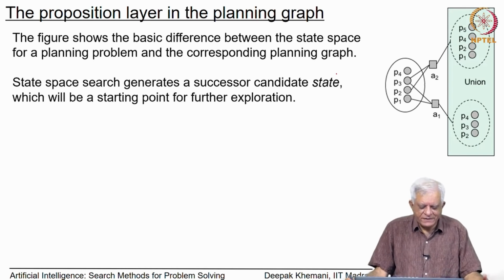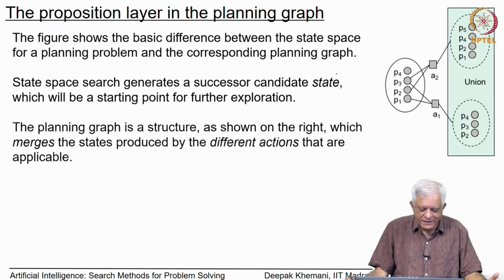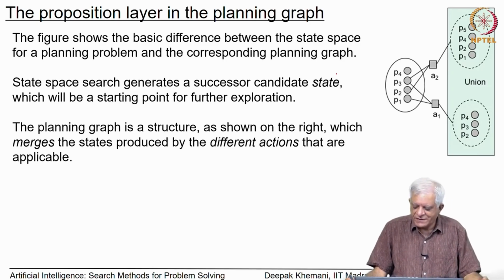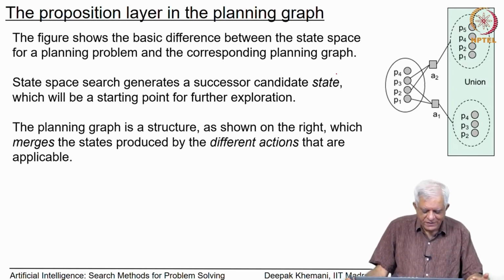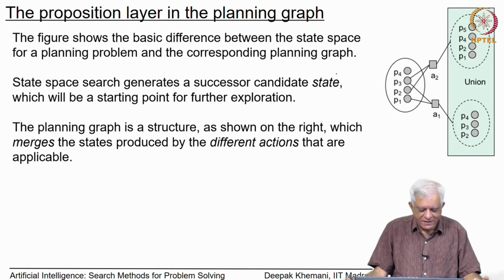The state space search would have constructed a successor state from which search would have proceeded forward, but in the planning graph all the states are merged into one representation, and it will be a set representation, as we will see. We will call it a layer, and all the states that can be produced by different applicable actions are merged into one layer.